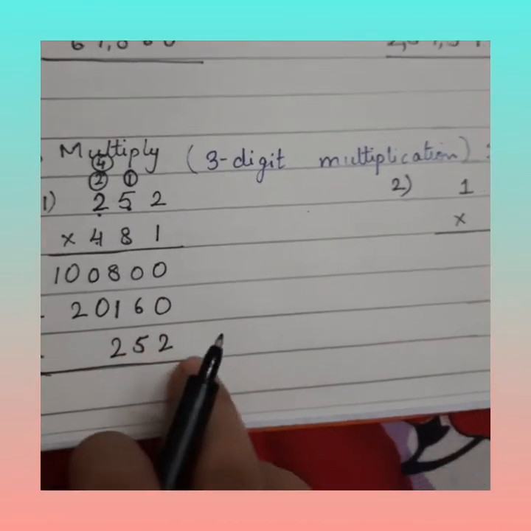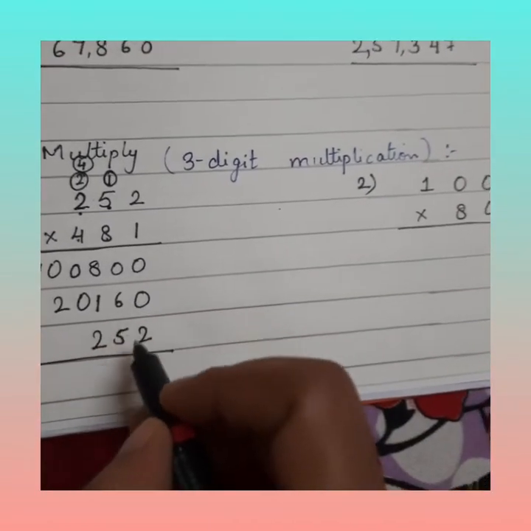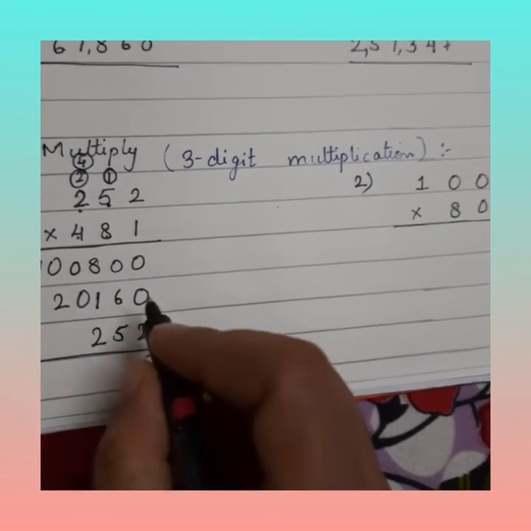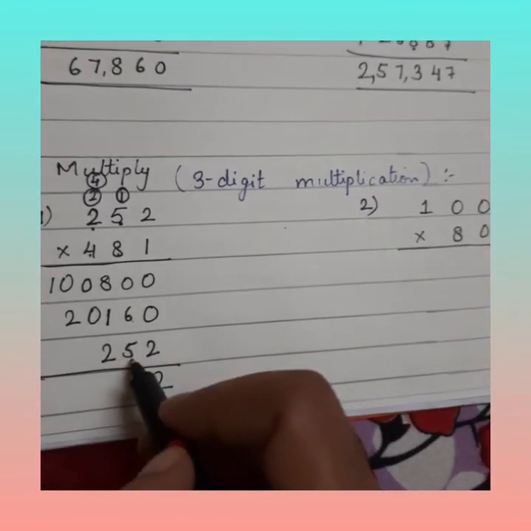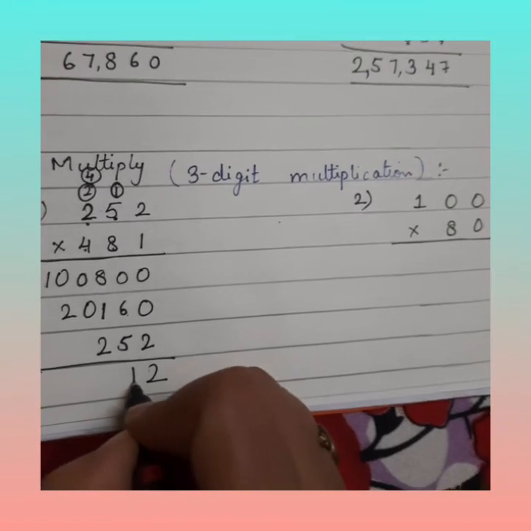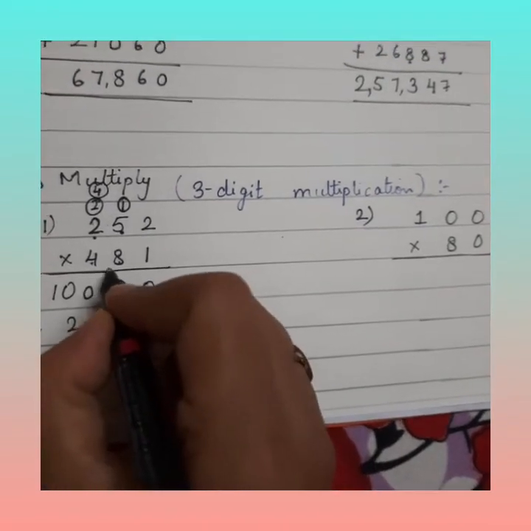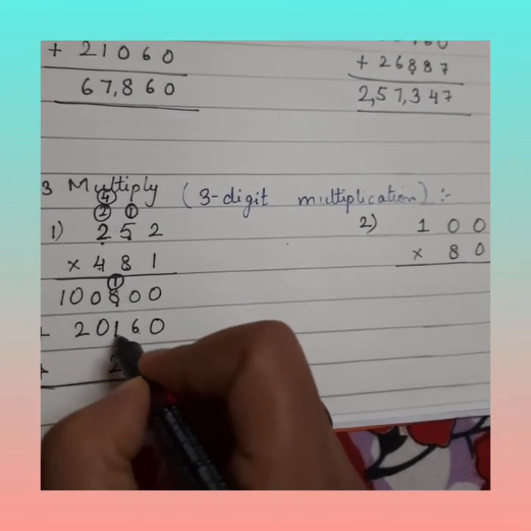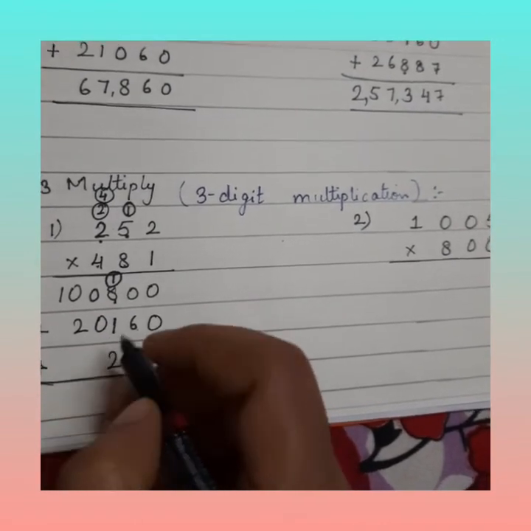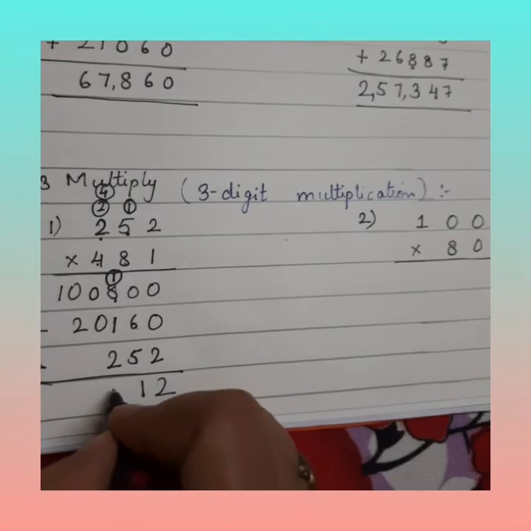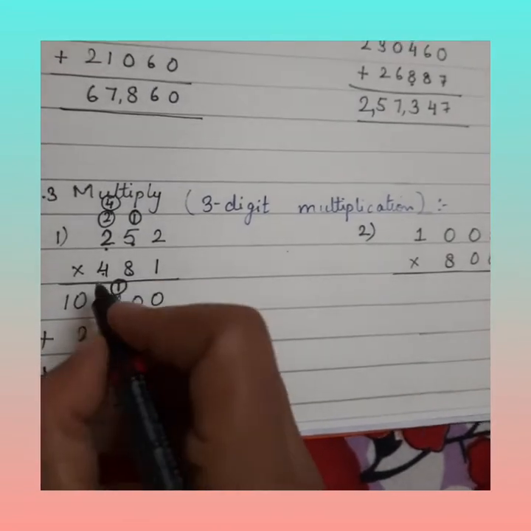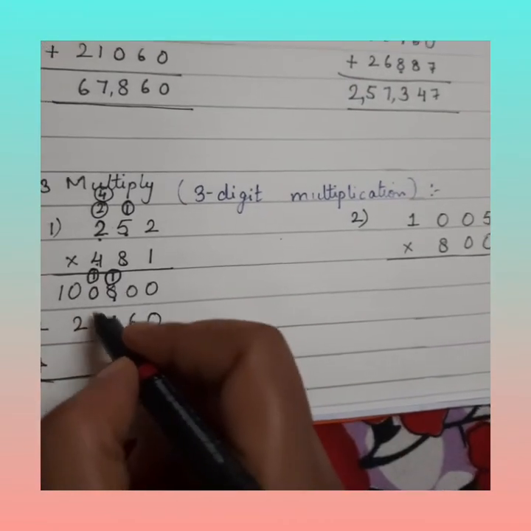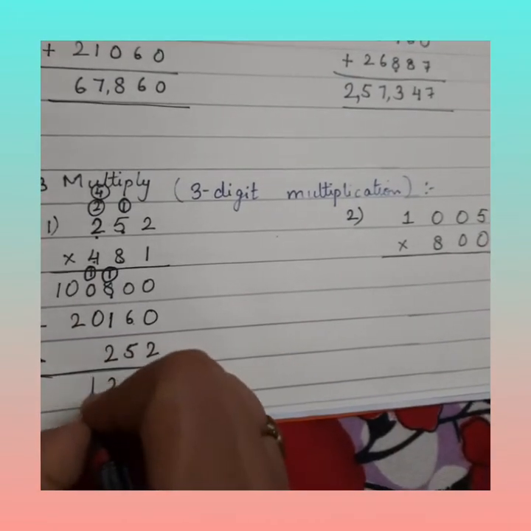Now add the numbers. 0 plus 0, 0 plus 2 will be 2. 0 plus 6 plus 5, 11. 1 I will write here and 1 will be carried over. 1 plus 8, 9. 9 plus 1, 10. 10 plus 2 will be 12. 2 I will write here and 1 will be carried over. 1 plus 0 is 1.